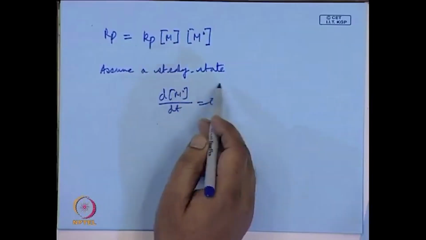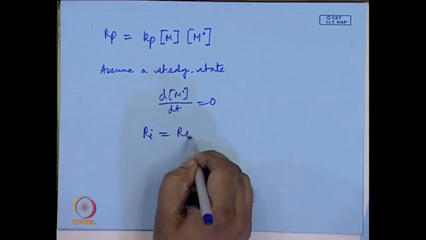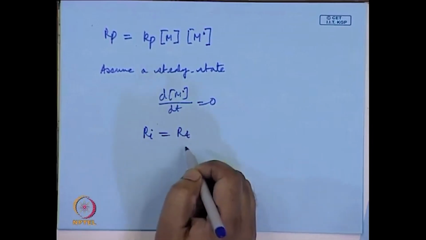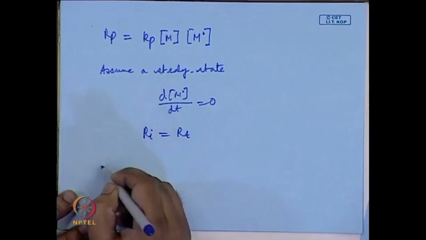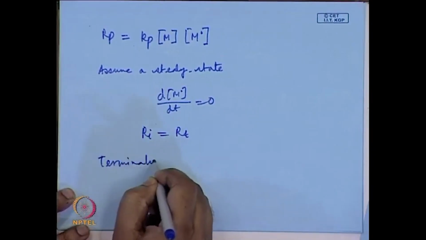That is not unusual, because when we do the kinetics of fast reactions with intermediates, we always assume a steady state. So, in a steady state, the rate of initiation equals the rate of termination. Now, what is the rate of termination? We talk about the termination step now.